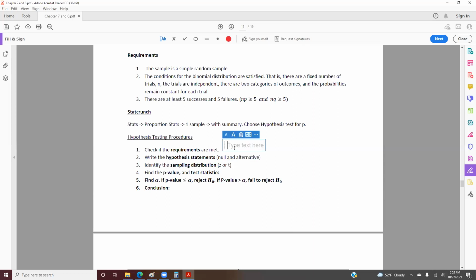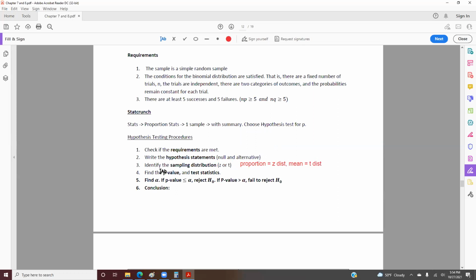For the majority of proportion cases, we will use the Z distribution. So for proportion, we will use the Z distribution. For mean, we will use the T distribution. That's how we figure out proportion and mean. The question will tell you which one it is.